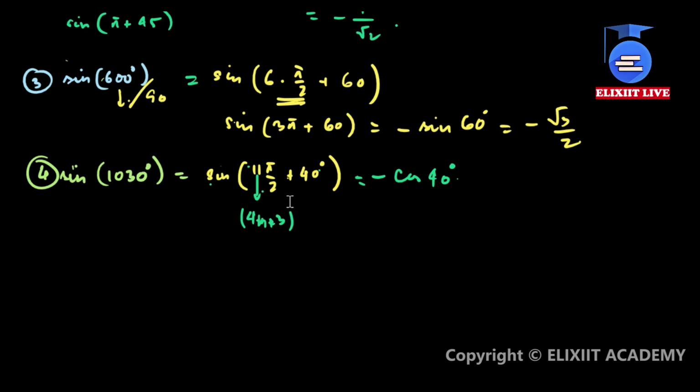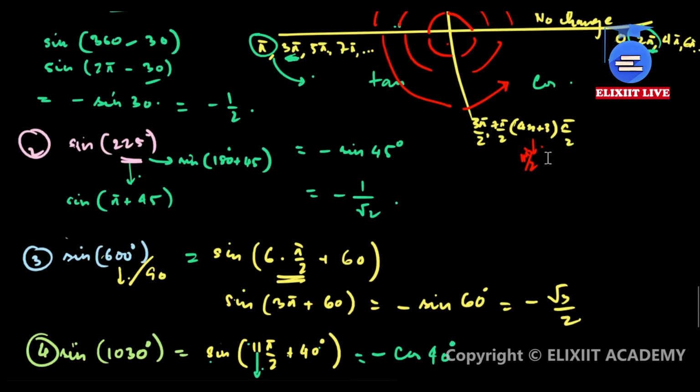Okay. Now 40 is not a standard angle to find out the value of this. So basically what happens in your JEE or some standard exams, they will follow this no change axis, figuring out the angle in this manner. The first one, 180 plus 45, 3 pi minus theta, 3 pi plus theta, likewise they will try to give you.